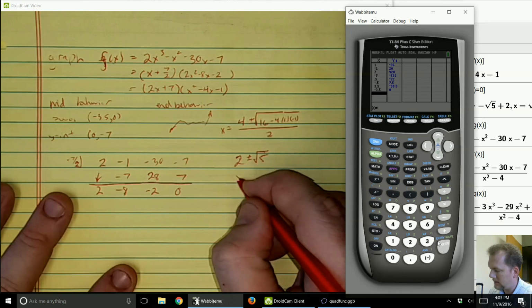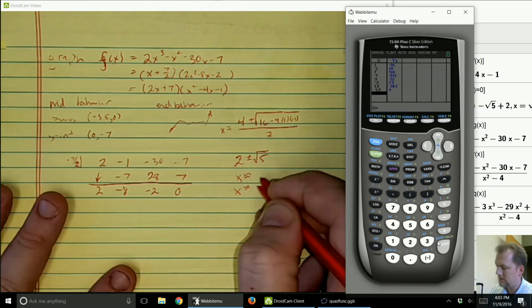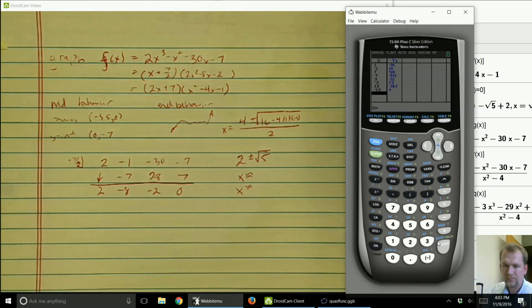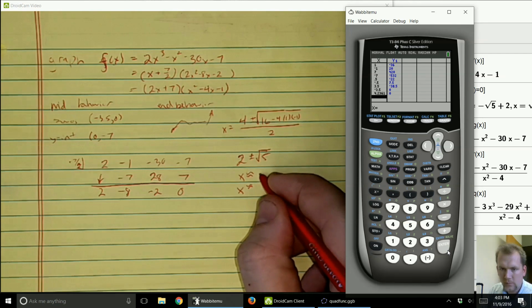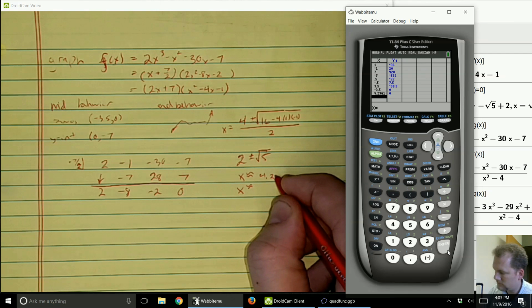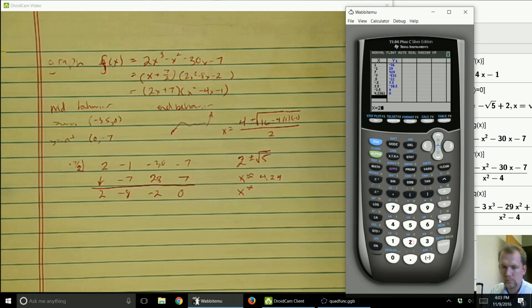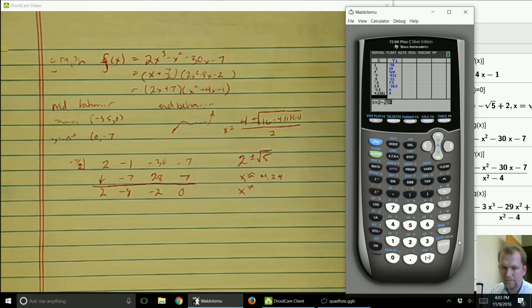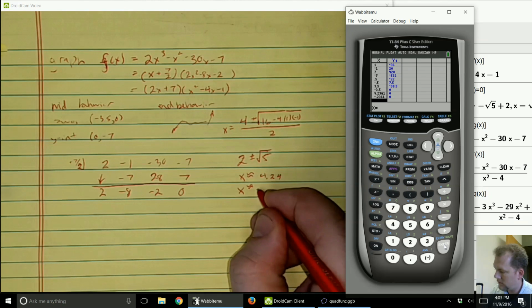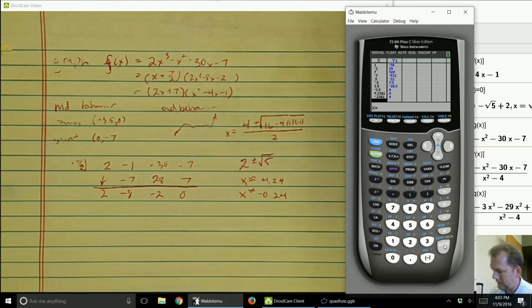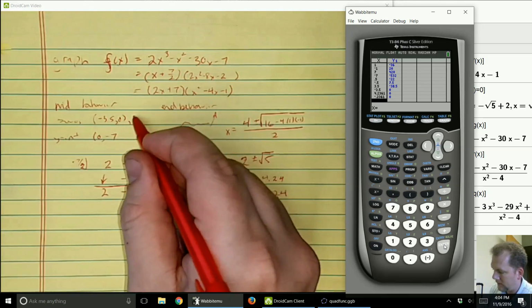So I'm getting 2 other zeros here: 4.24 and negative 0.24. Okay, so there are 2 other zeros there too.